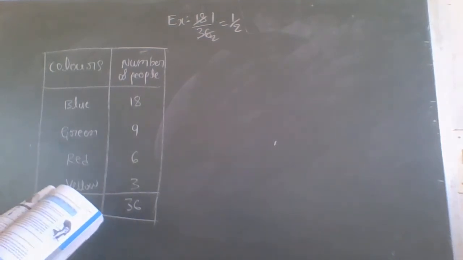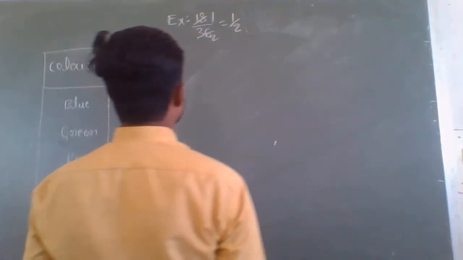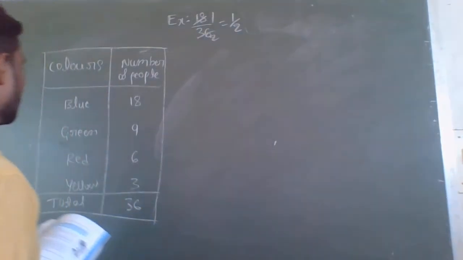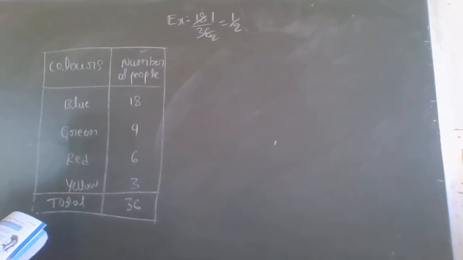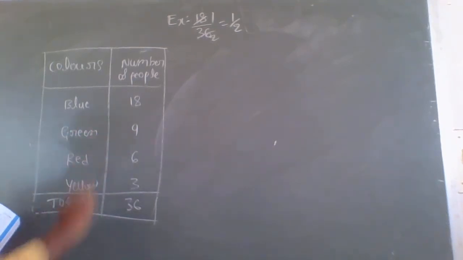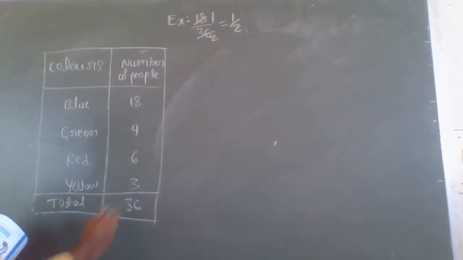Next, for green, the number of people who like green is 9 and the total number is 36.